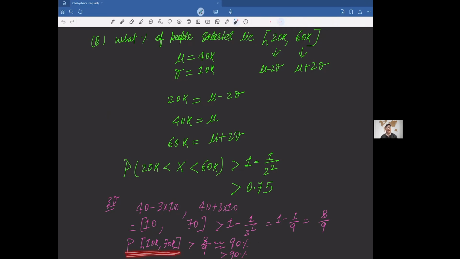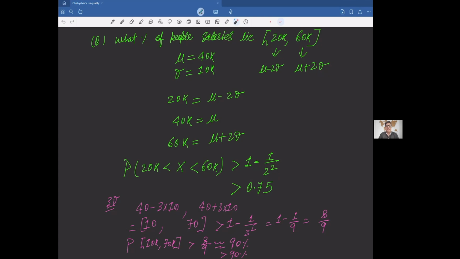So at least it is 90%, but it could be greater. But if you do not know the Gaussian distribution, you are guaranteed that at least this percentage of people's salaries lie in this 3 standard deviation interval. So from an applied standpoint, if you are given a random variable for which you know the mean and standard deviation, and the mean is finite and the standard deviation is finite and non-zero, you can answer questions like this.